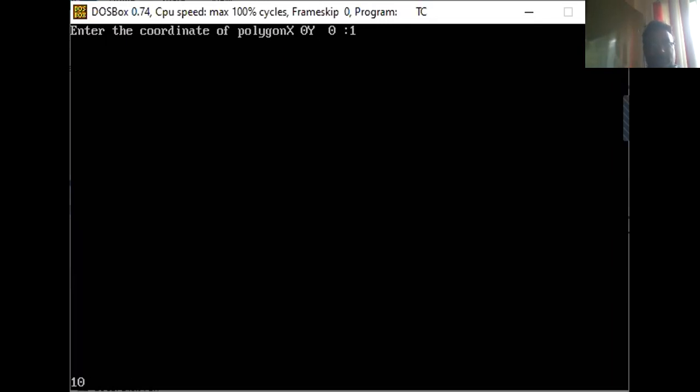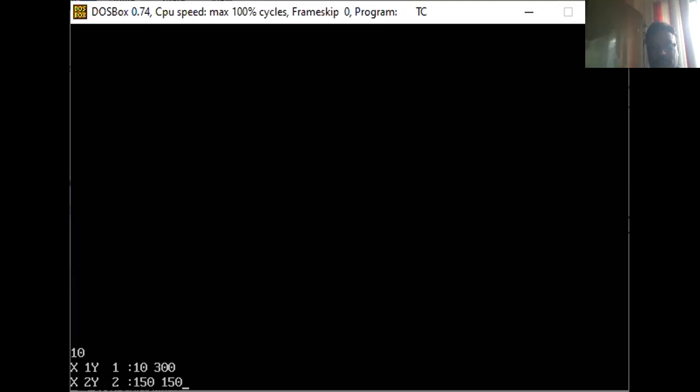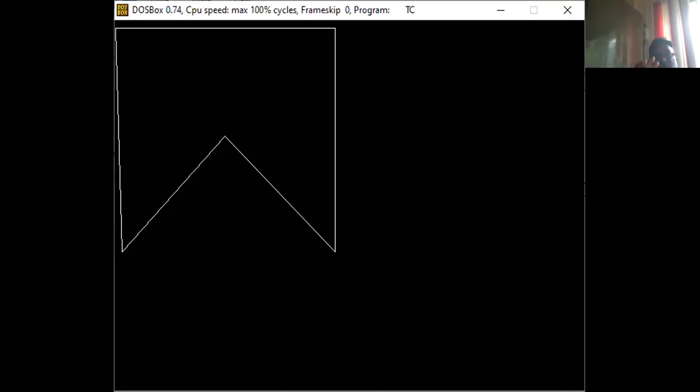Okay. Then second I have considered, suppose, 10, 300. Okay. 150, 150. This is my point. Again 300, 300, and 310. Okay. So that's scrolling. Because of the scroll, you could not see those coordinates, but the coordinates I have drawn properly. Now this is again my concave polygon that I have to fill up.